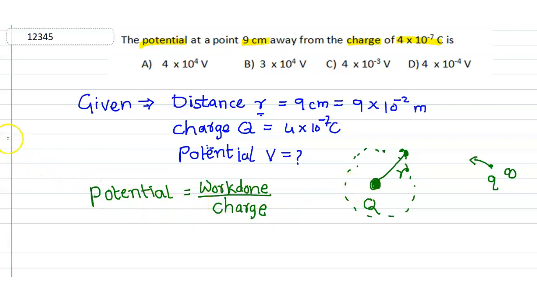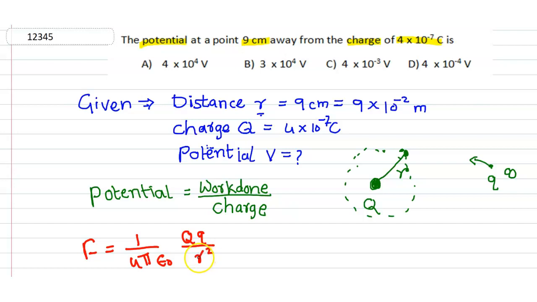Now we see the formula which is given by Coulomb. If there are two charges, then the force between these two charges is given by 1 upon 4 pi epsilon naught, one charge capital Q, another charge small q, and the separation between them is r.